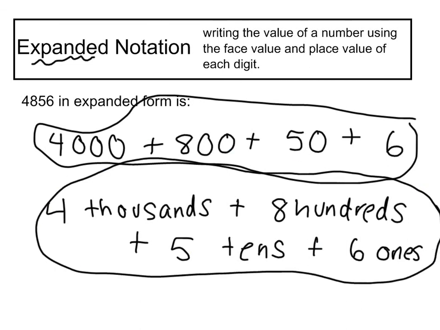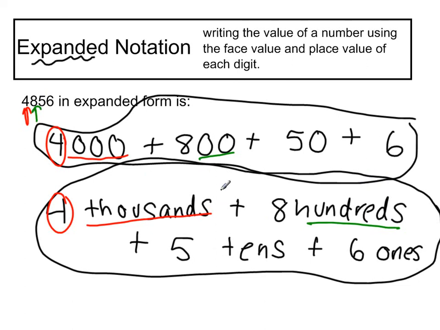Pretty much what you're going to have here, you're talking about the digits. So we have 4, and its place value is in the thousands. So either you note it with a bunch of zeros or you write it in words. Same deal for 8. 8 is in the hundreds place. You either have it with the zeros or you write it in words, and you continue on in that fashion.